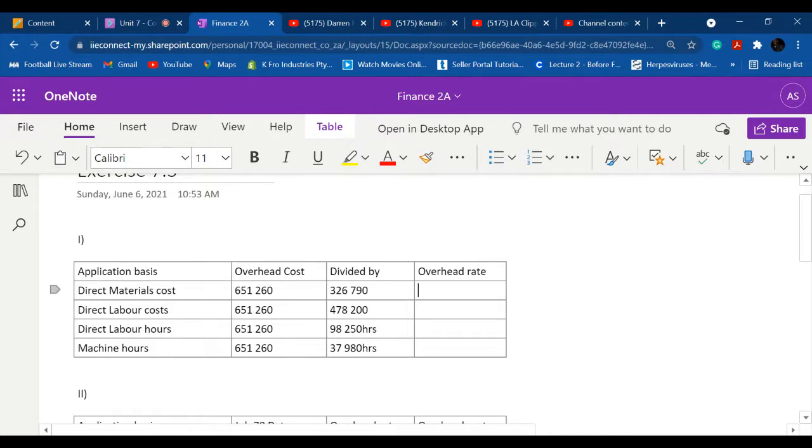Somebody have it there for me? 199%. Okay, thank you very much. Okay, go to the next one, also going to be a percentage.